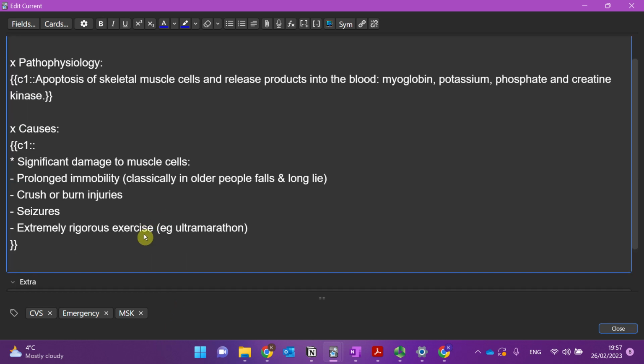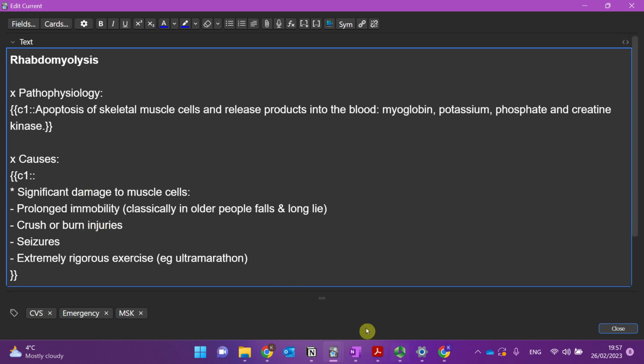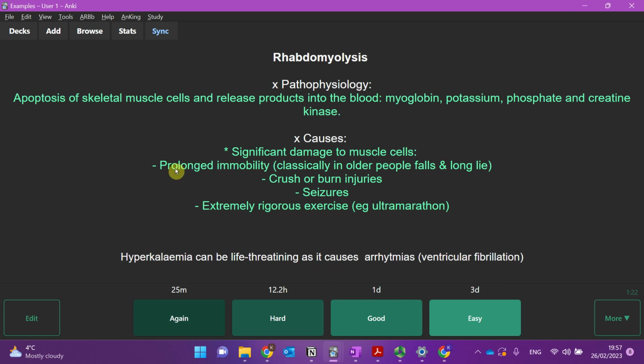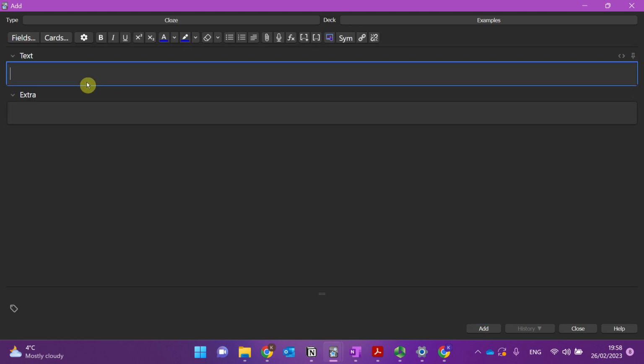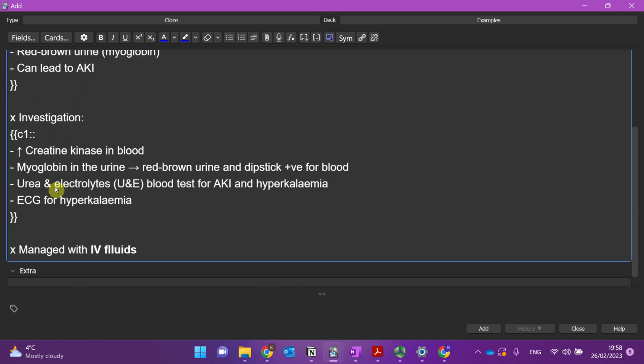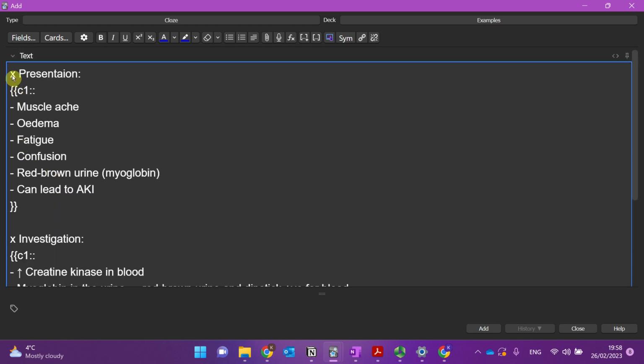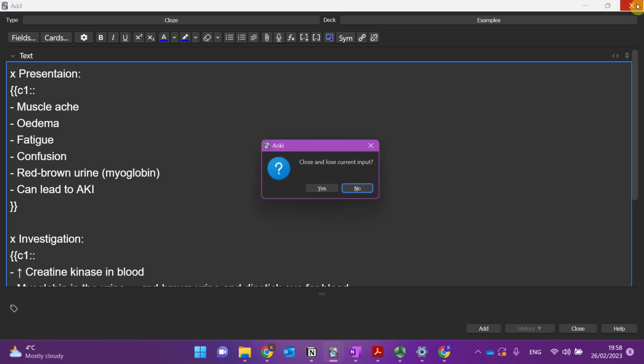So that will be in one card, and you go and add another card and put it in there. So I'm basically splitting it into two cards if I find that one card is too large.